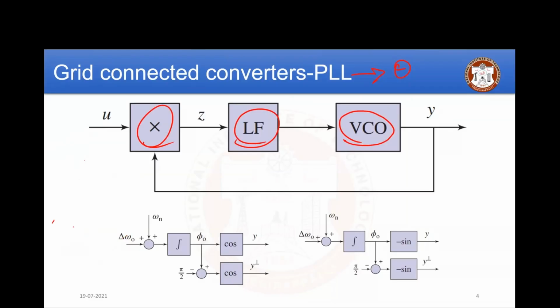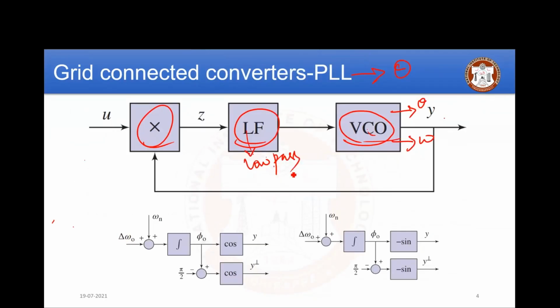Here you need theta, or you need sine theta. Whatever your actual function is, it has to track this. In this voltage controlled oscillator, you'll get two things. One is theta. Actually, it is sine theta you'll get. The other is omega. These two functions you'll have. LF represents low pass filter.